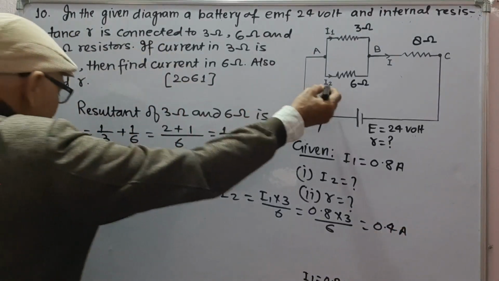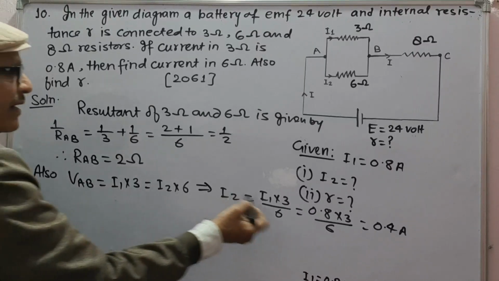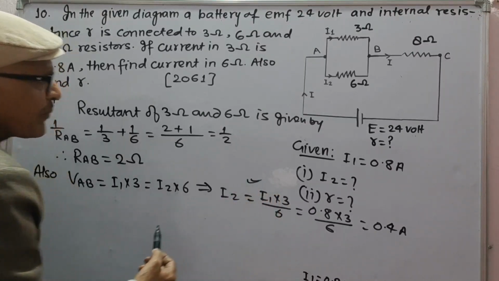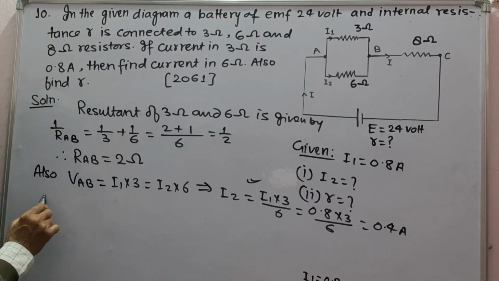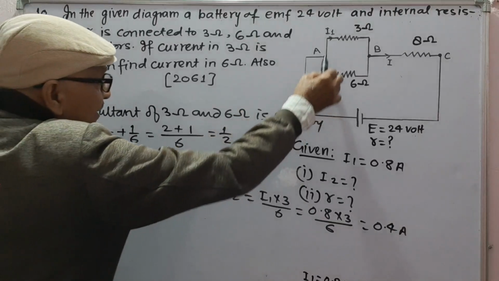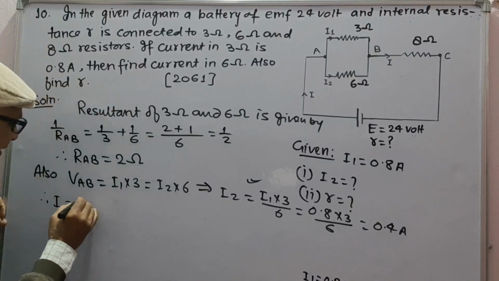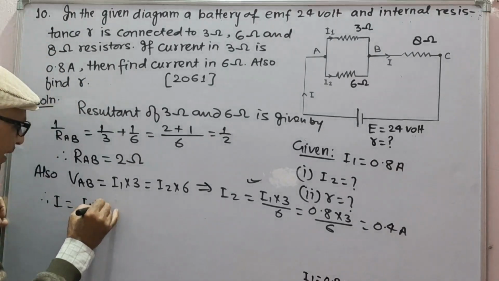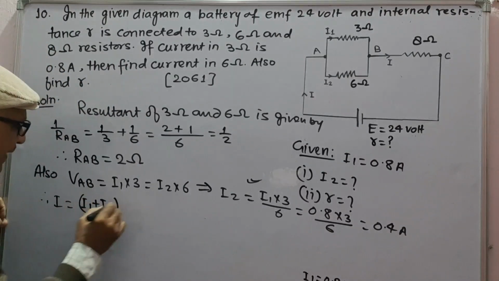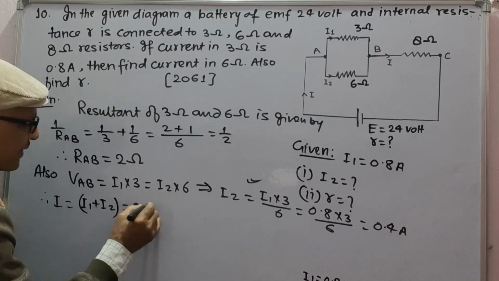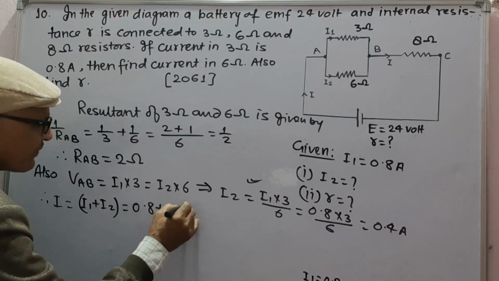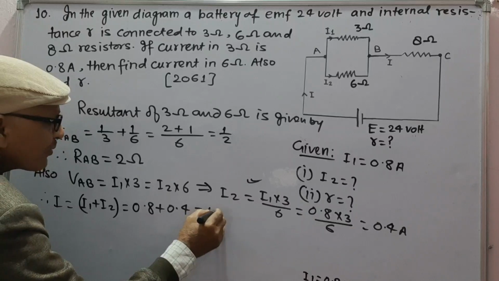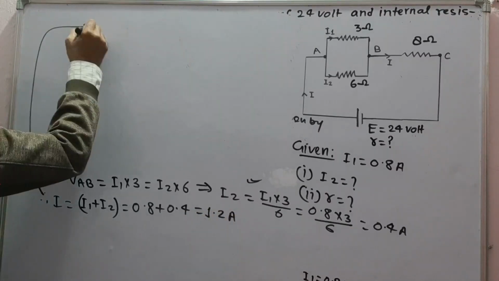So, I2 is 0.4 ampere. Therefore, I will be equal to I1 plus I2, which is 0.8 plus 0.4 is equal to 1.2 ampere.